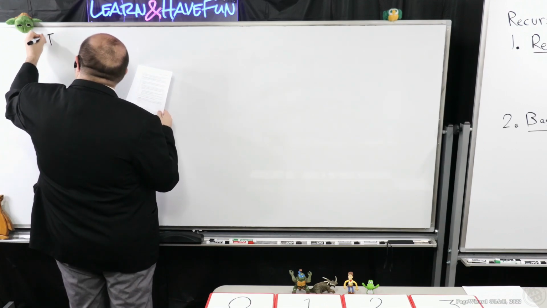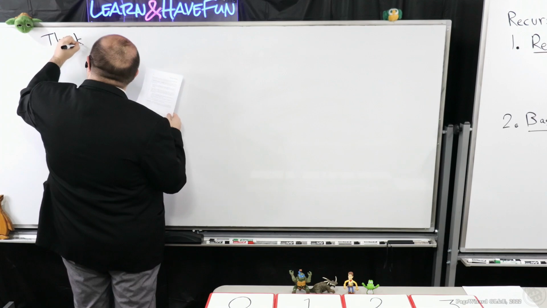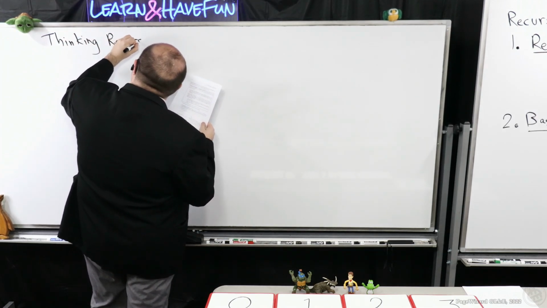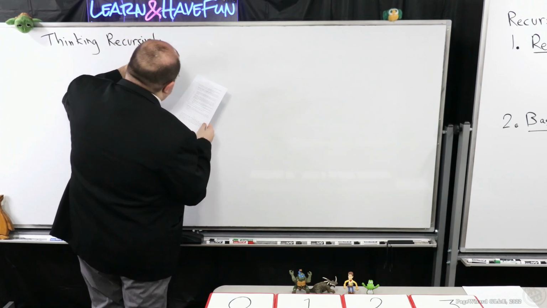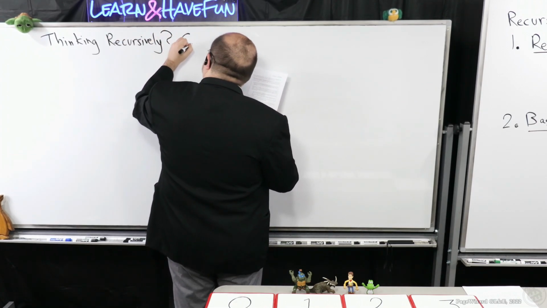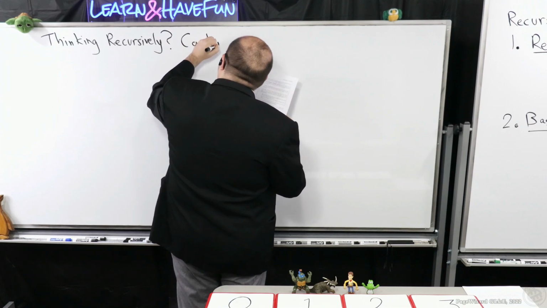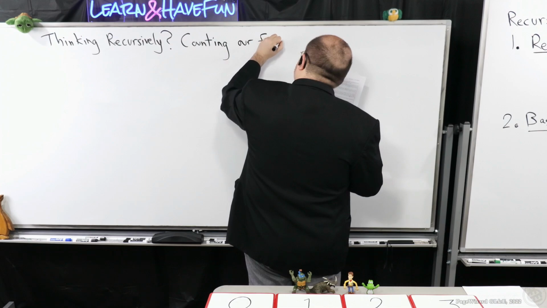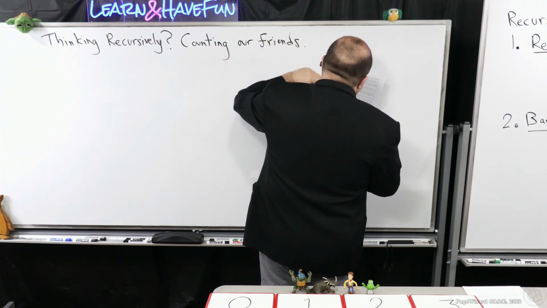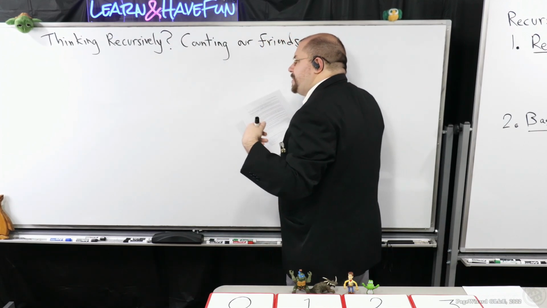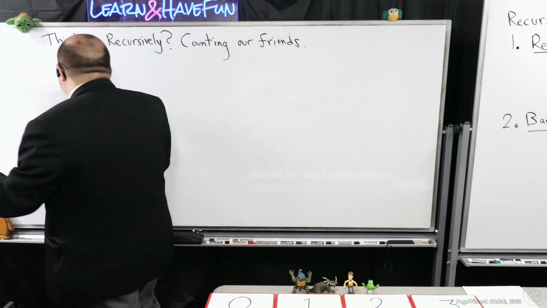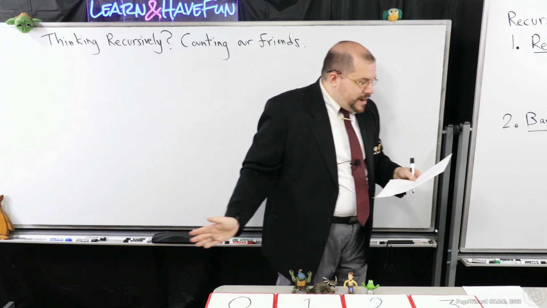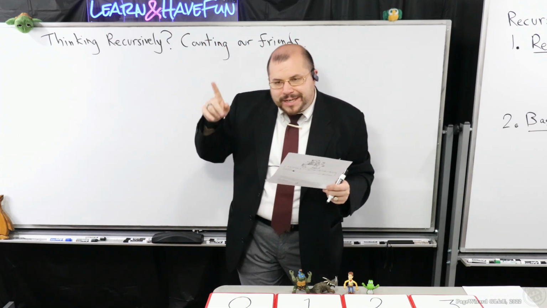So let's talk about thinking recursively. Let's consider this example where we're counting our friends. Here's a scenario, just like I have over here. Imagine you have your friends lined up so that you're able to count them all.